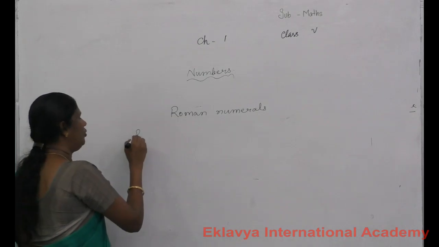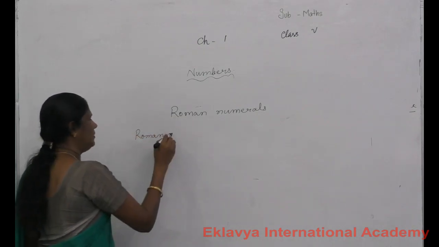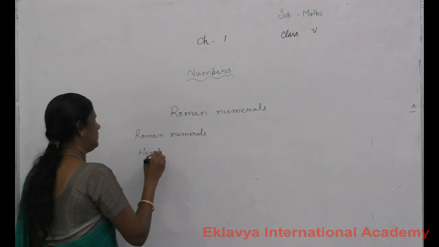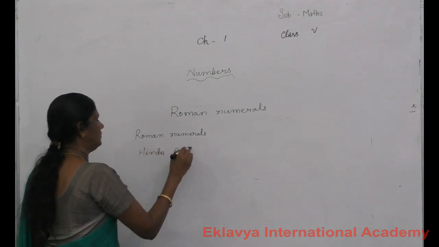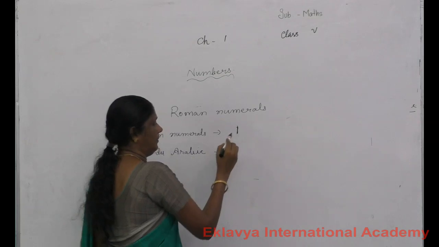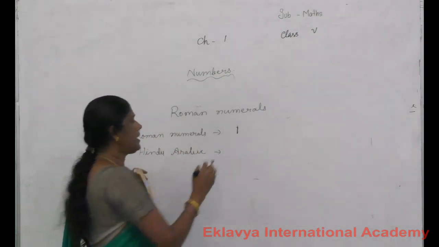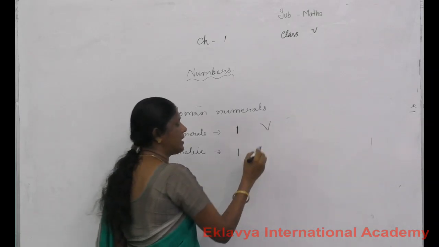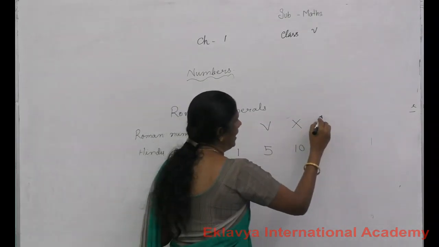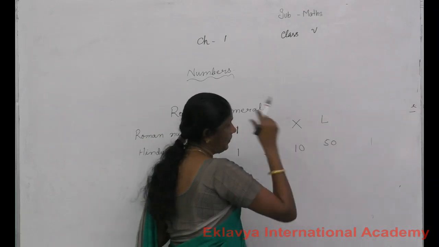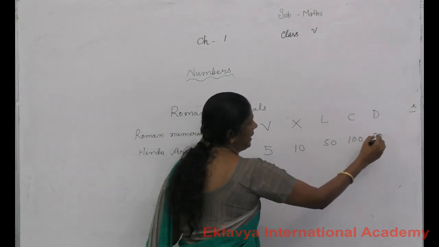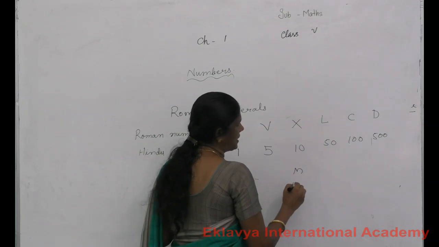I stands for 1, V stands for 5, X stands for 10, L stands for 50, C stands for 100, D stands for 500, then M stands for 1000.